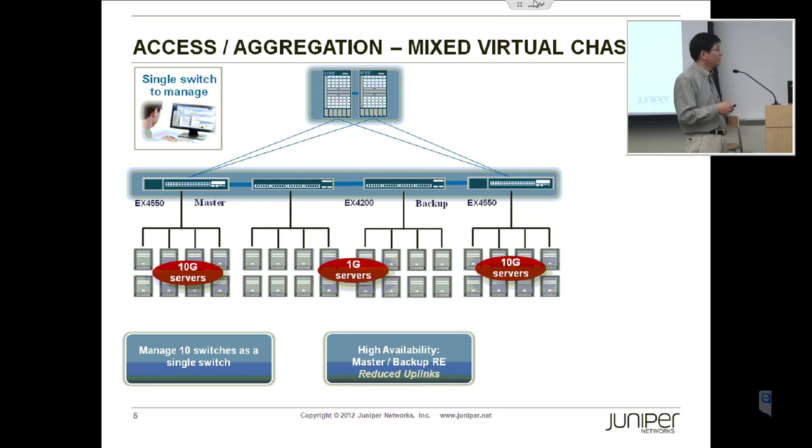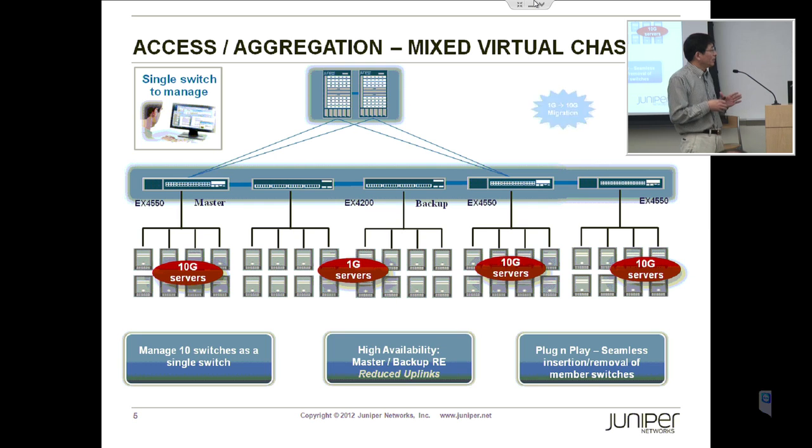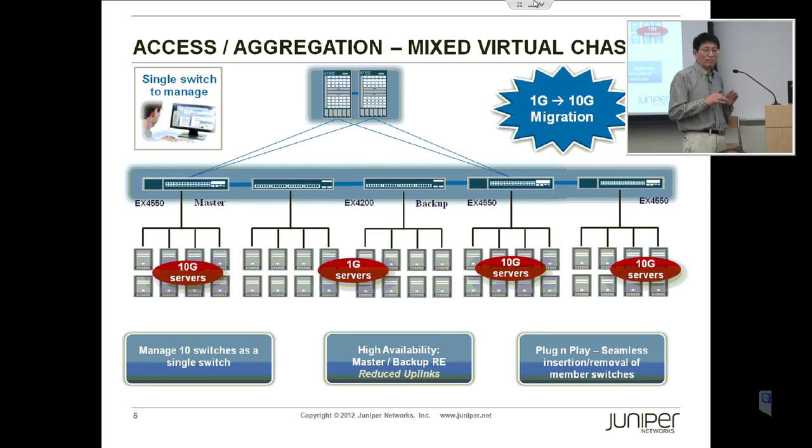RE is the routing engine, which is for redundancy. You can add and remove members to the virtual chassis freely. With these two types of switches, we can support the 1 gig to 10 gig migration using a single system. You don't have to forklift your deployments.